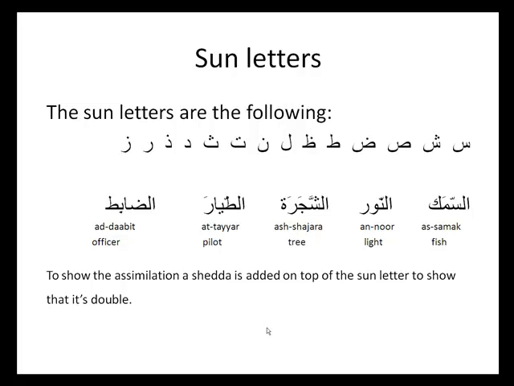So you can only hear the a and then the first letter of the word, sin for samak, noon for nur, etc. is almost doubled. So as-samak, and that's why the little shadda is added. So when you have a sun letter, when you're not expected to read out the L, a shadda is added on the letter, and you double that and skip the L. As-samak, an-nur. These are 14 letters.